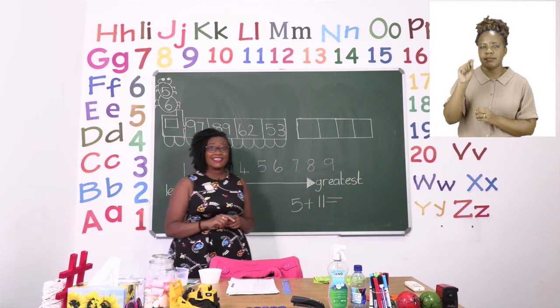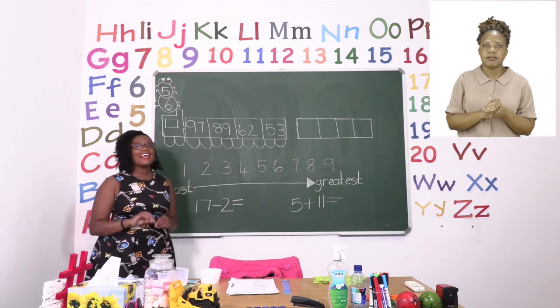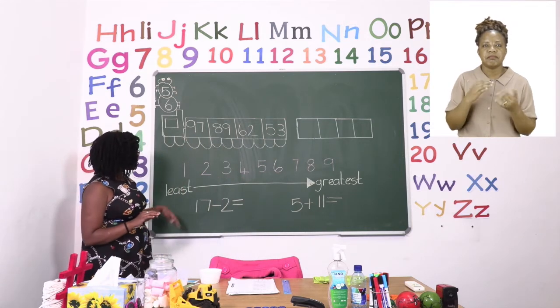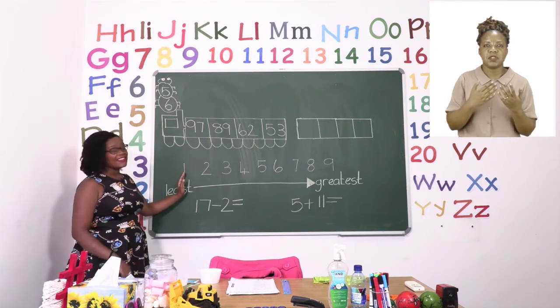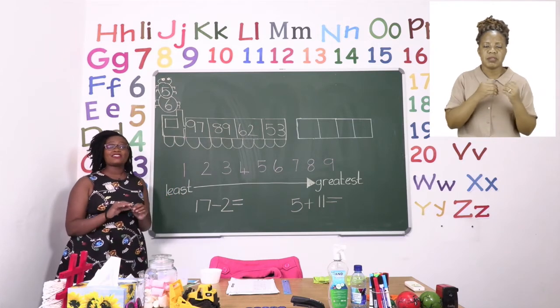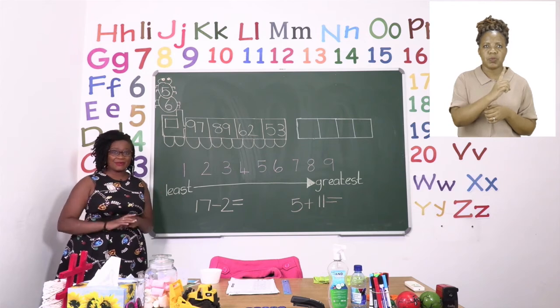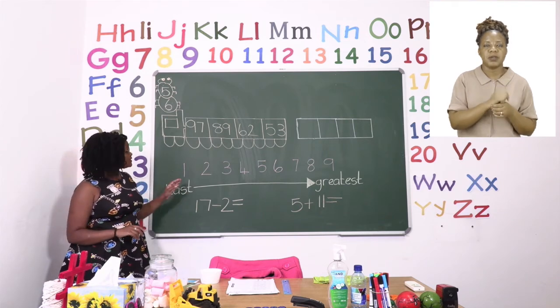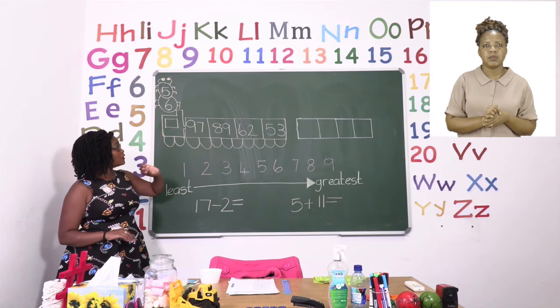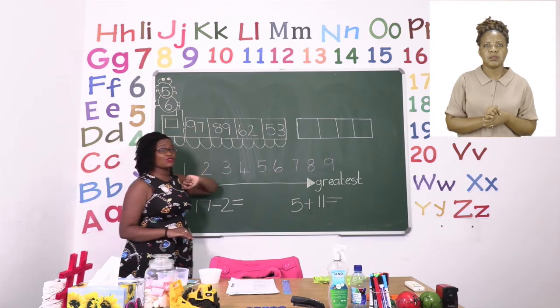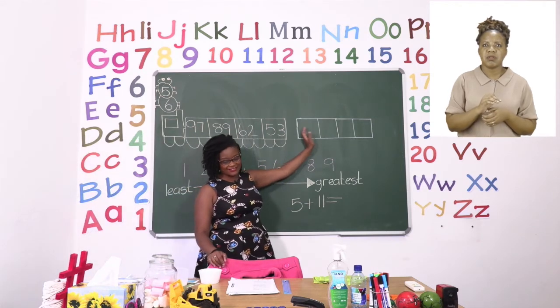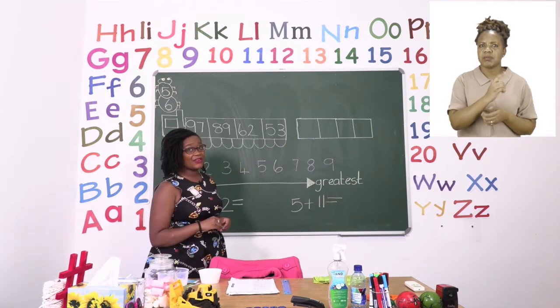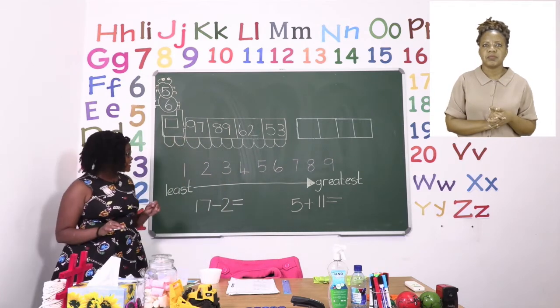We're going to ask him to show us his friends. Now, if his friend starts with a 1, then that means that we are starting with the least when we're organizing. And once we have his friend, we are going to cross him out from the choo-choo train and put him in the box. So the first friend that we are going to be looking for, the least one, is a 1.